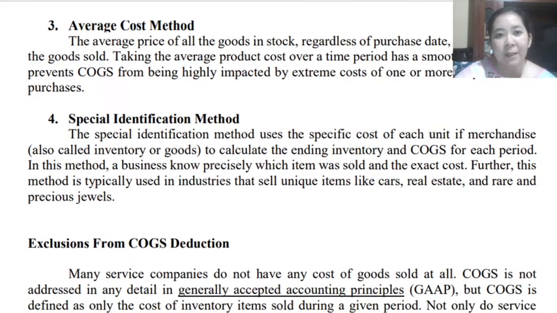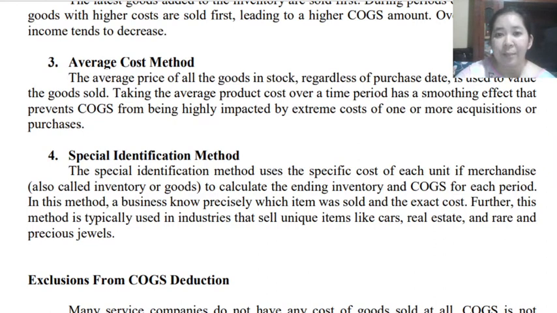Aside from these three, the entity can also follow the specific identification method. This method uses a specific cost for each unit of merchandise, also called inventory or goods, to calculate our ending inventory as well as the cost of goods sold for each period. In this method, the business knows precisely which item was sold and the exact cost of it.